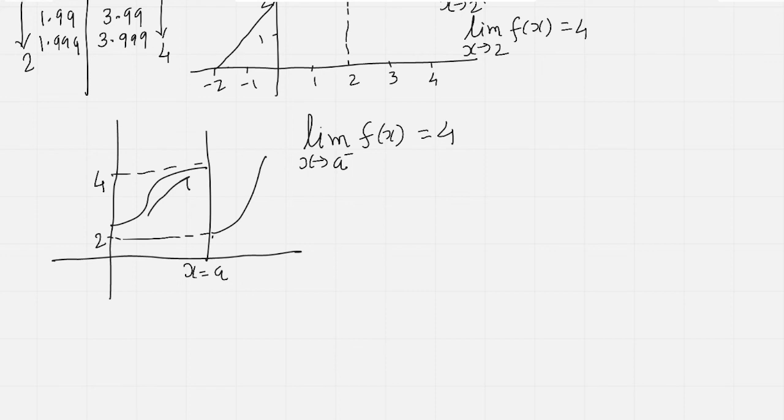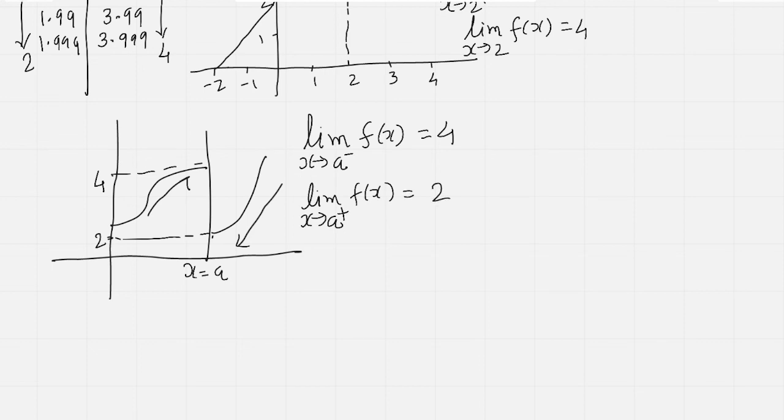And here also you can see that as we approach x is equal to a from the right hand side, then f of x approaches 2. So limit f of x as x approaches a from the right side is equal to 2.